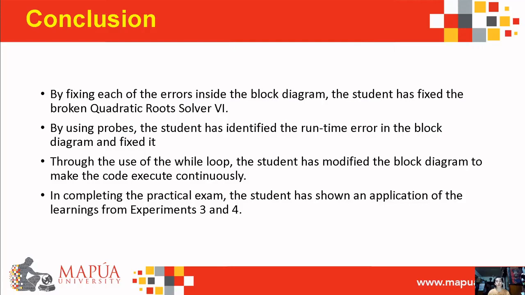Then by using probes, the student has identified the runtime errors in the block diagram and fixed it. Then through the use of the while loop, the student has modified the block diagram to make the code execute continuously. And lastly, in completing this practical exam, the student has shown an application of the learnings from experiments 3 and experiment 4.